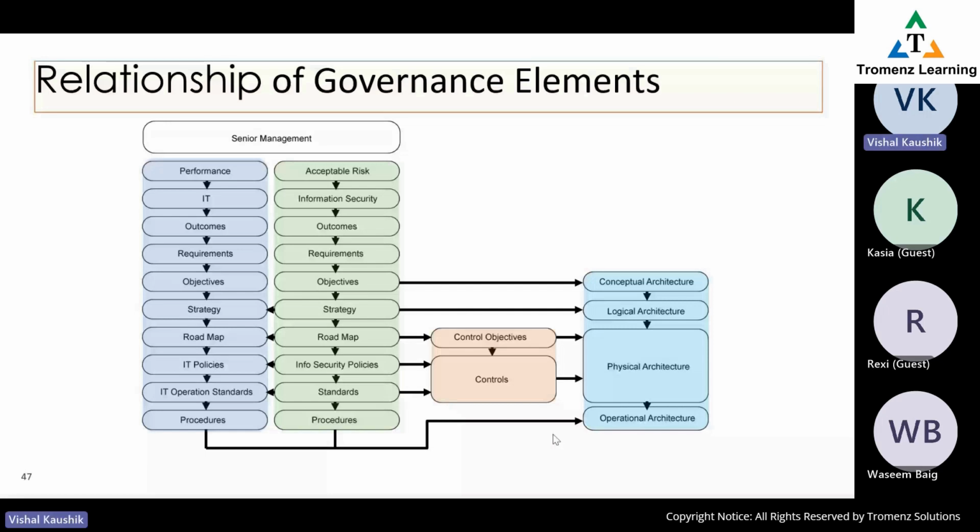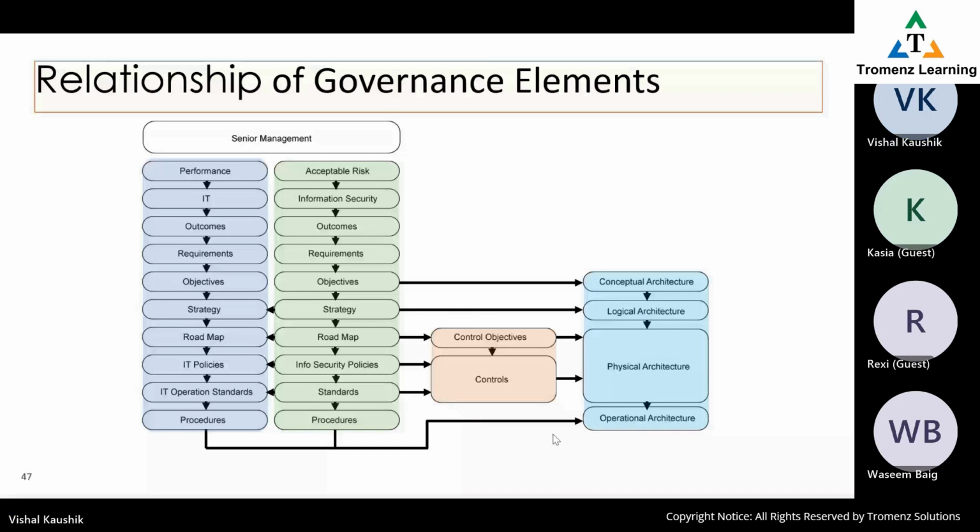We have elements such as outcomes, the requirements and objectives, which need to be established through senior management. Then strategy can be developed.